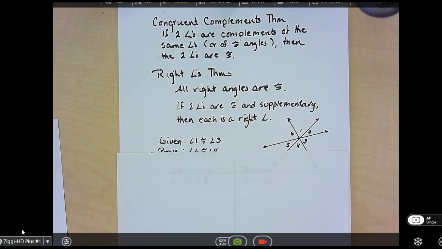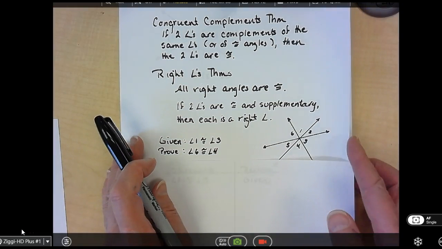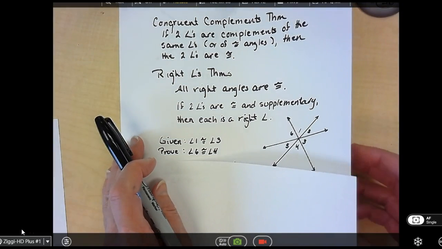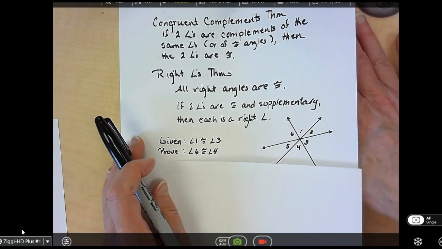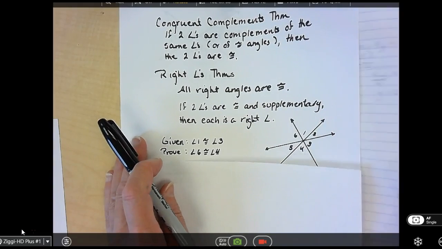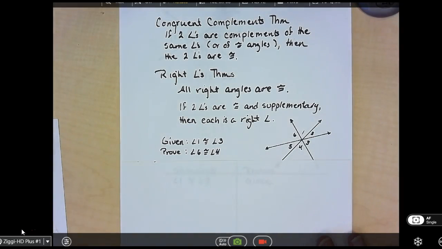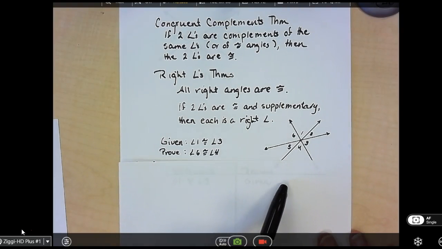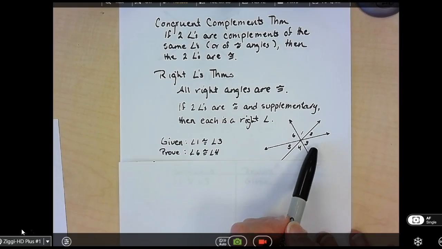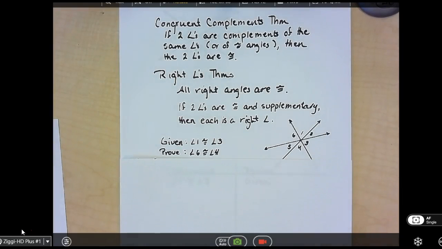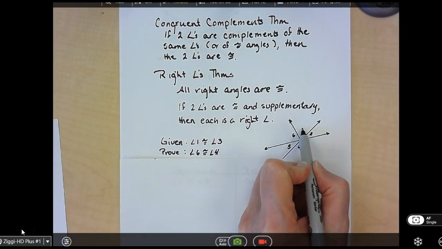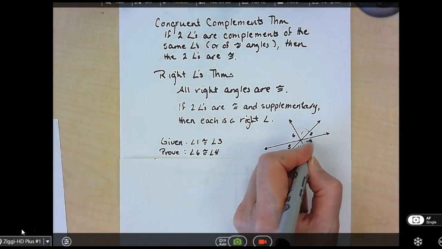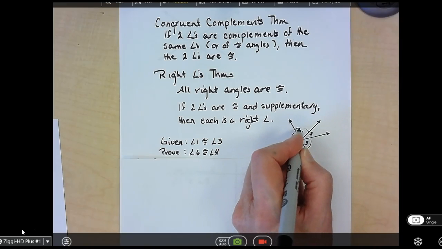All right, so let's go through a proof here. My first proof says that I am given angle 1 is congruent to angle 3, and I have a drawing off to the right. Angles 1, 2, 3, 4, 5, 6 are given to you, and I know angle 1 is congruent to angle 3, so I mark them as being congruent.